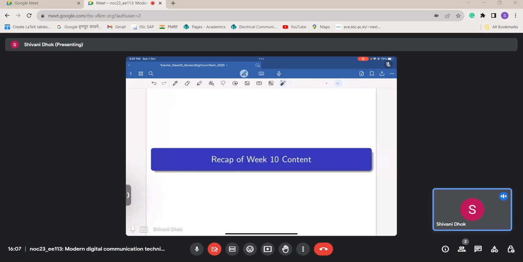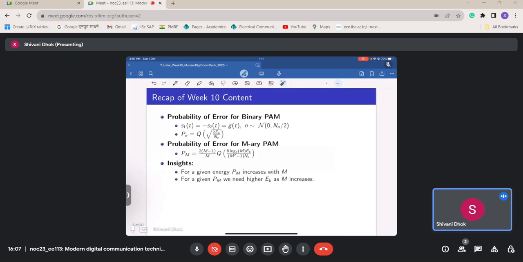One metric that helps is probability of error, or bit error probability, or symbol error probability, depending on the context. In this week we focused on deriving the probability of error for various constellation schemes.